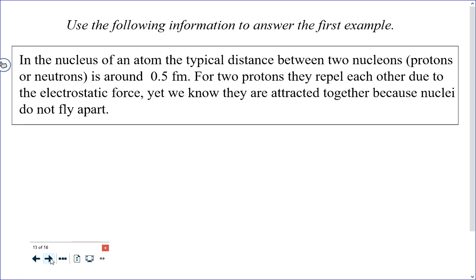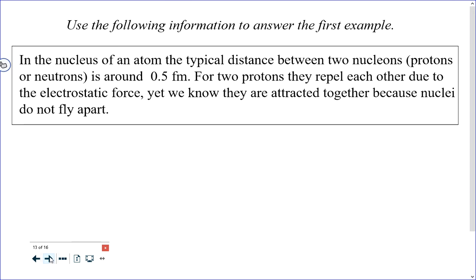And yet we know that in nuclei, when protons are next to each other, they stick together because the nucleus is stable. They must be attracted to each other somehow. Now we know that they're both positive, and that means they repel from each other, so there must be some other attractive force pulling them together, otherwise they would fly apart.